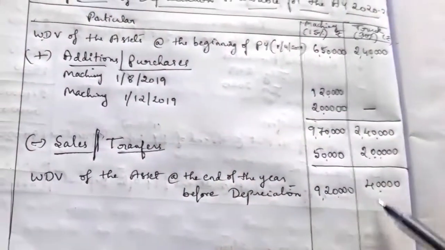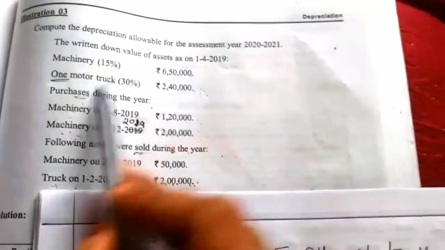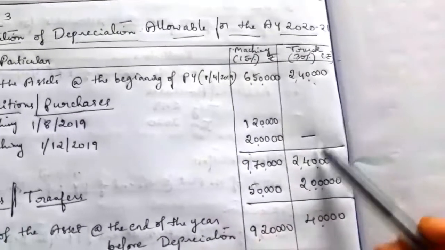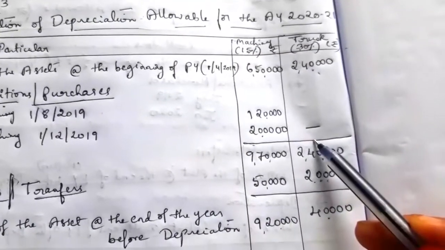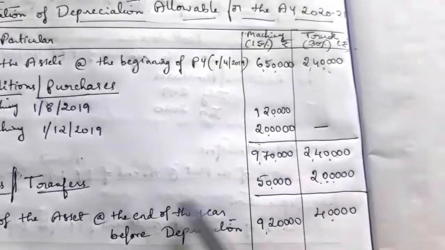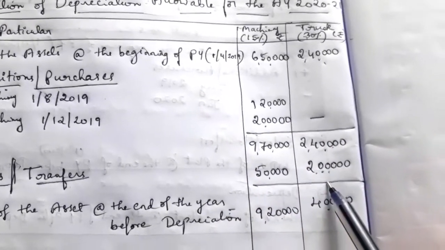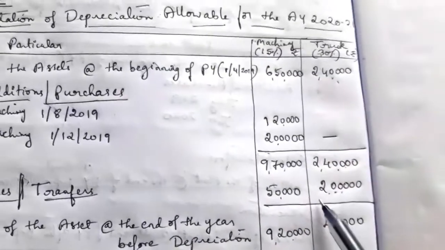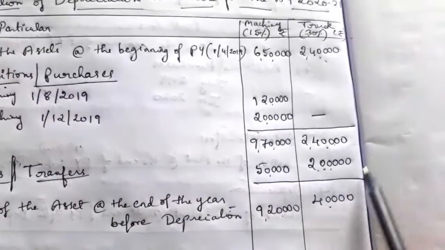Next, in the case of the truck, the written down value of the truck has been given for one motor truck, which we have written here as 2,40,000. There were no purchases made during that year, so we take the same value. Then there is a sale: the company had only one truck, and that is also sold for rupees 2 lakh.